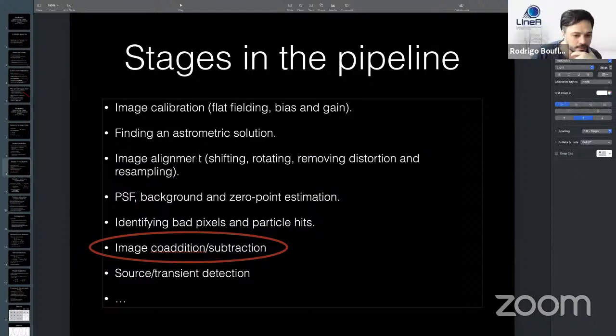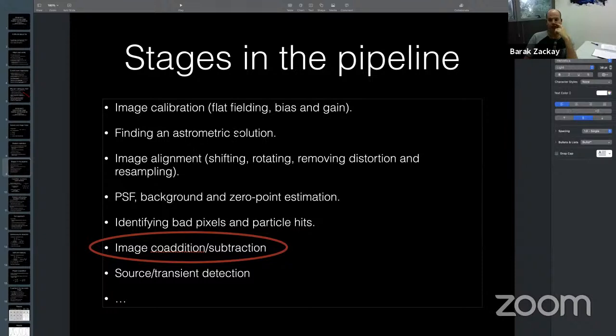If you have two images and you have some astrometric solution, then you know that a particular XY in this image corresponds to a particular XY in the other image. Once you have this map, locally it is going to be a linear map, and you can just take the relevant pixels, rotate them and resample them to have the exact same scale, and then you can move forward.